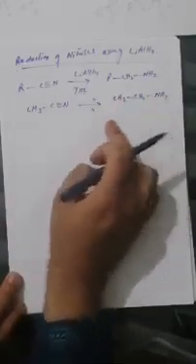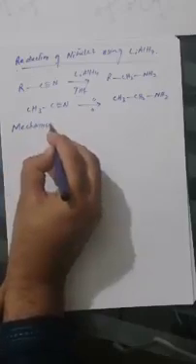For example, if you take acetonitrile and react it with lithium aluminum hydride, then you will get this product. Now the question arises of how this transformation of the cyanide group into amines occurs. Let's discuss the mechanism.